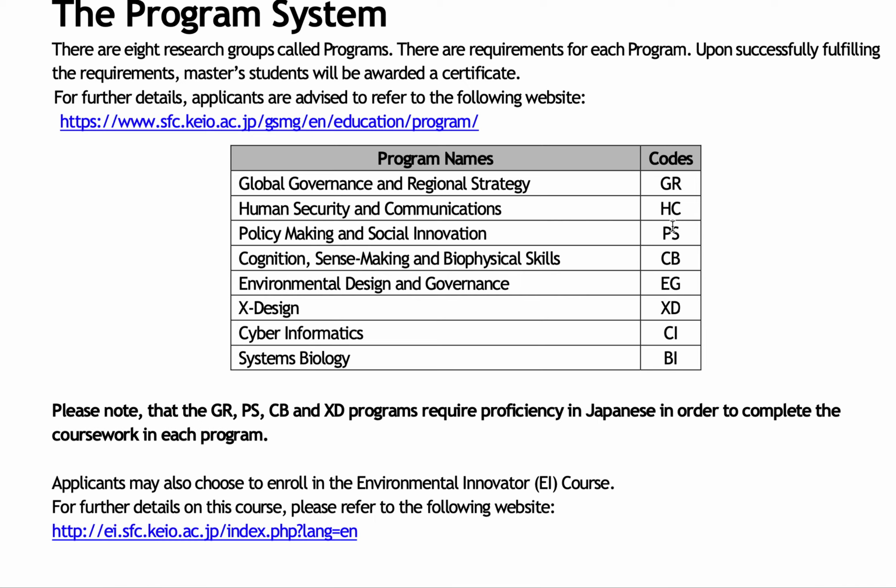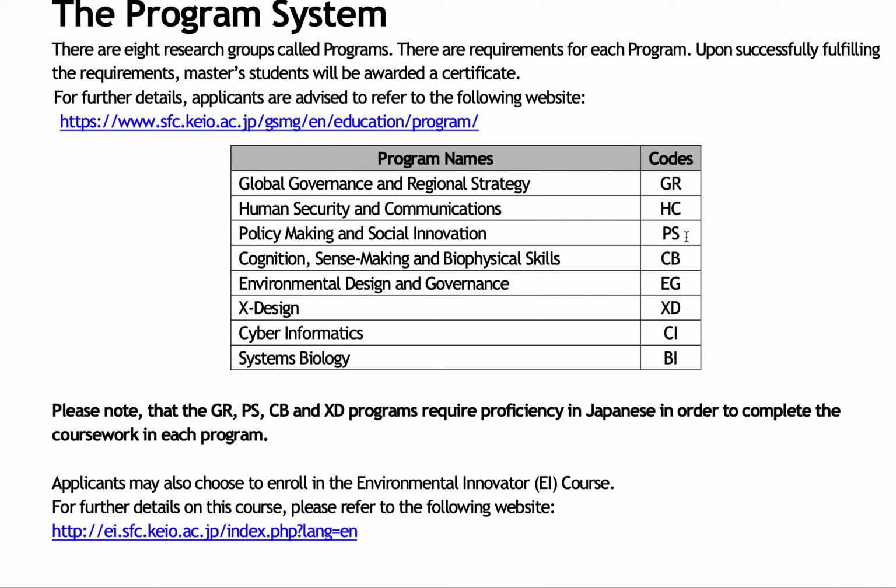You can also apply for PS, but PS thesis advisors are Japanese-speaking advisors, so I'm afraid it's a little difficult to find professors with strong English language skills to provide you research advice in English.